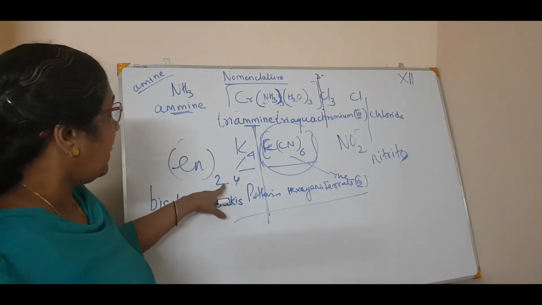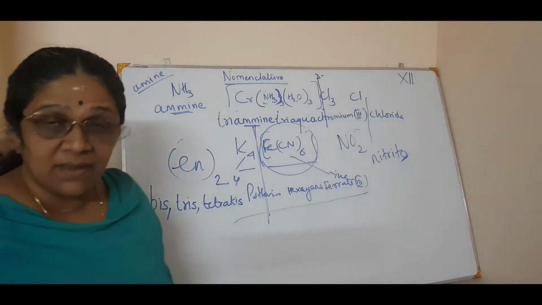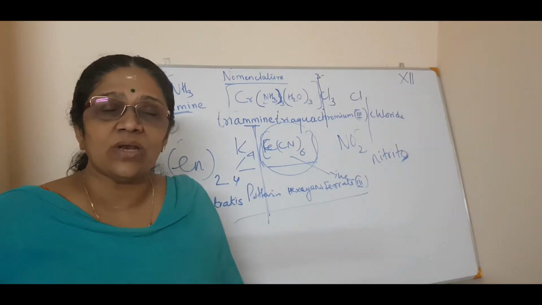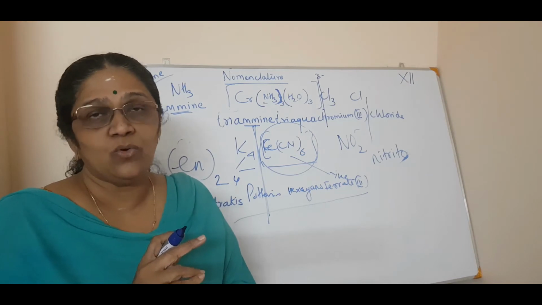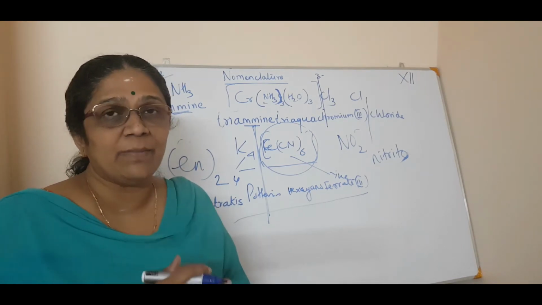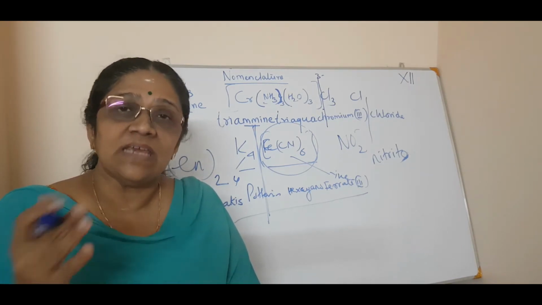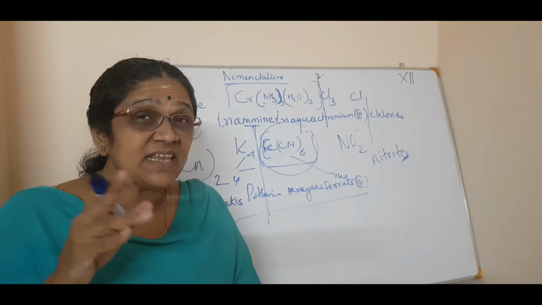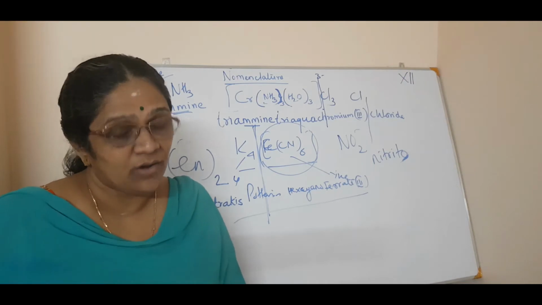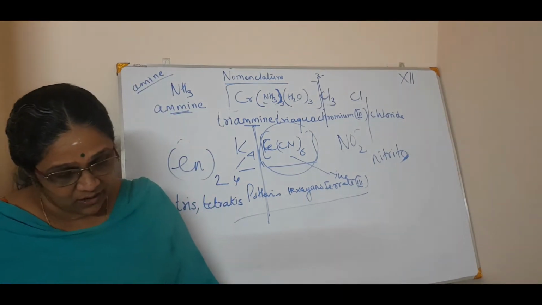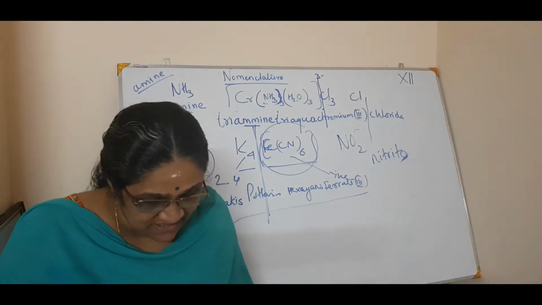So you can say bis ethylene diamine, bis in brackets en. You don't need to elaborate the abbreviation, you just write bis en, because the ligand already contains a numerical. Correct. So that is a very important rule.